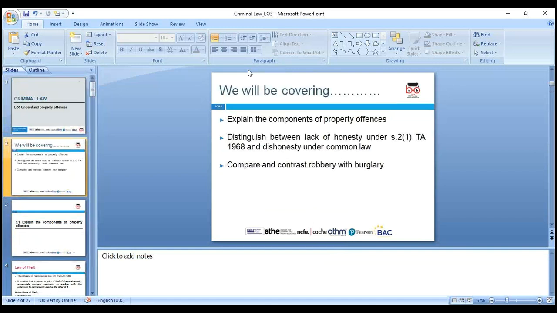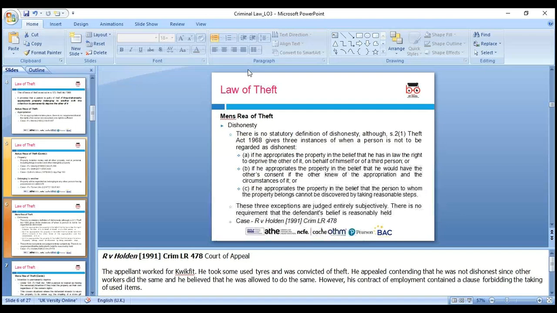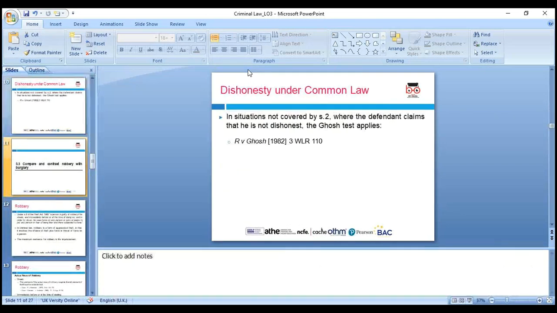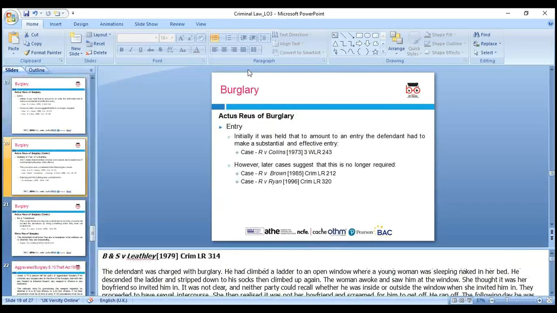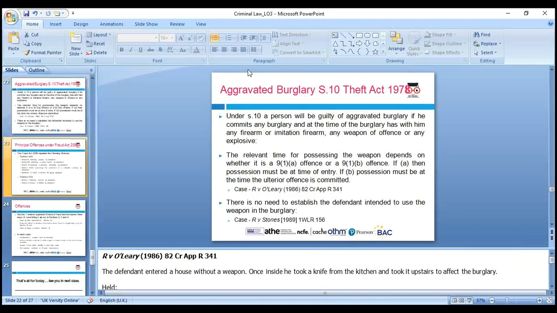We learned about the Theft Act 1968 and 1978, which were changed in 2006.